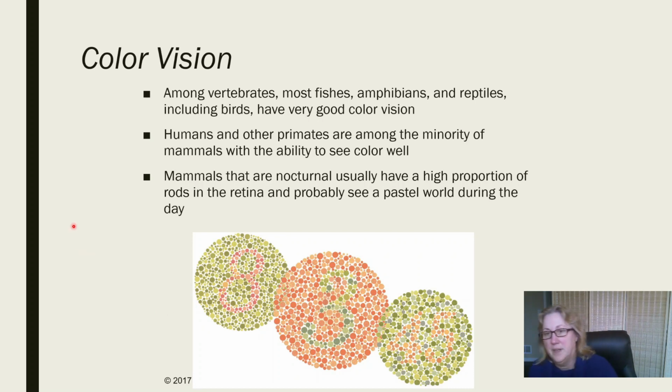Color vision. About 7% of humans are colorblind, and green-red colorblindness, I should say. There are very rare types of complete colorblindness, individuals who have only one type of cone. Instead, we have 3 types of cones. So people who are red-green colorblind are missing one kind of cone.